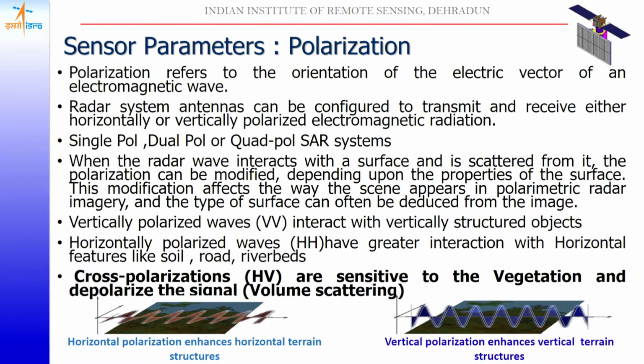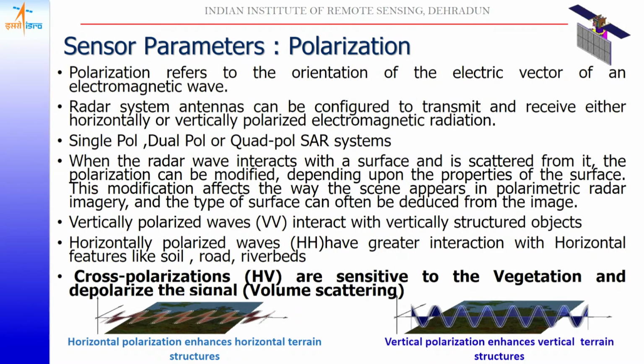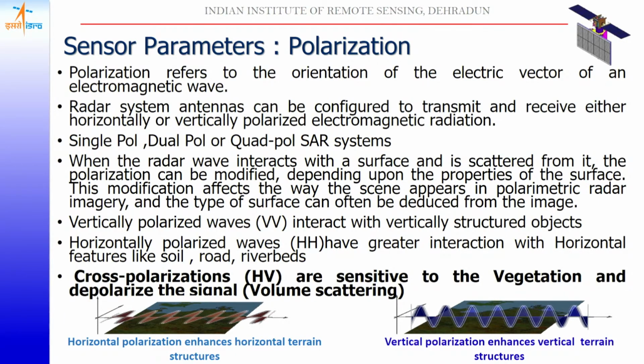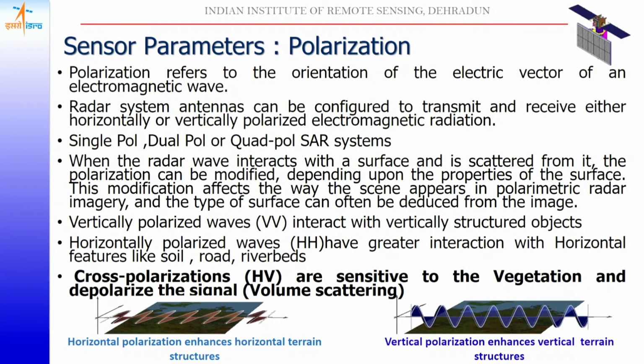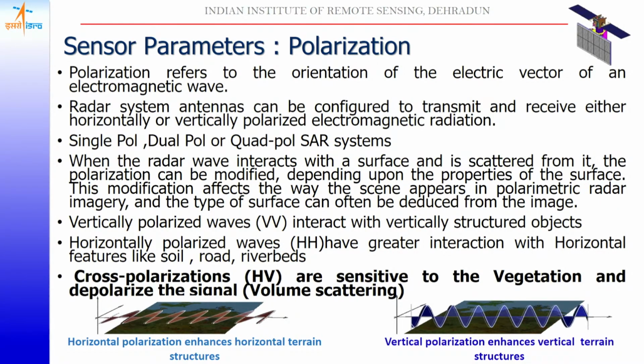The third important parameter is the polarization, because SAR is an active sensor, so we can transmit our electromagnetic wave in either horizontal or vertical polarization. The radar antennas can be configured to transmit and receive either horizontally or vertically polarized electromagnetic radiation. So we can design a single, dual or quad pole SAR system. When the radar interacts with the surface and is scattered from it, the polarization can be modified depending on the properties of the surface.